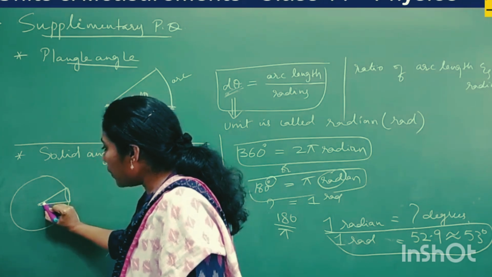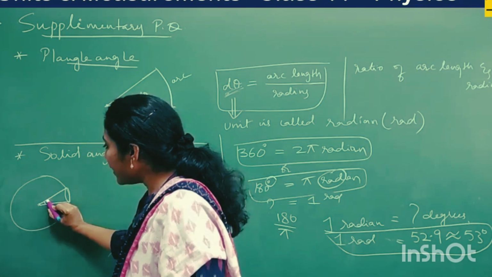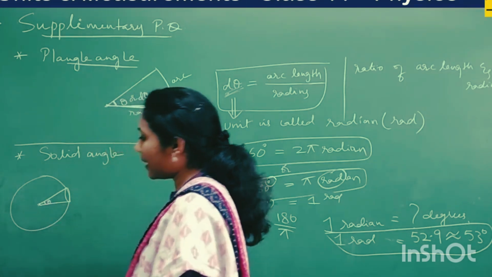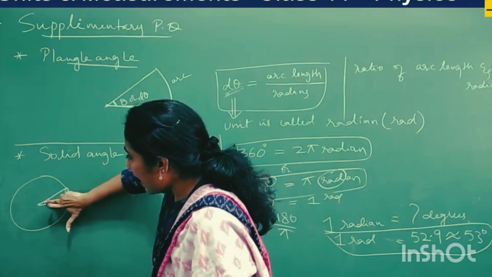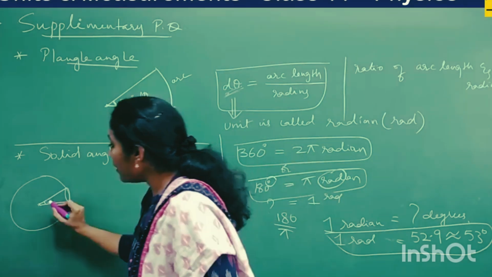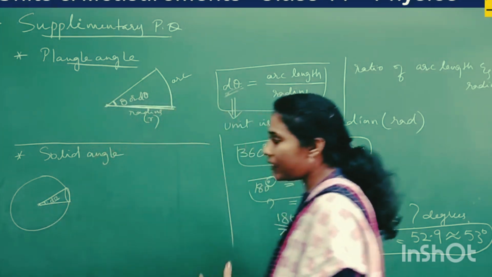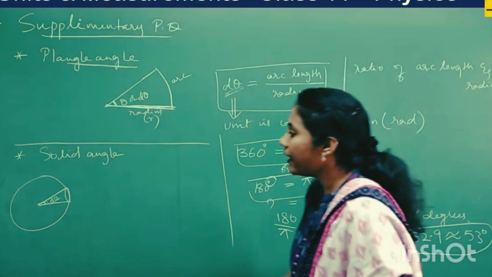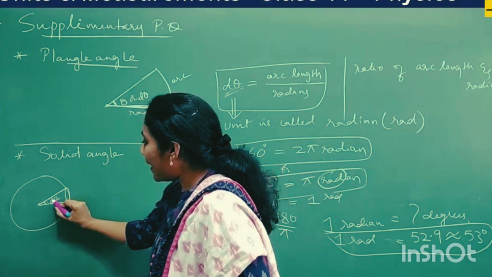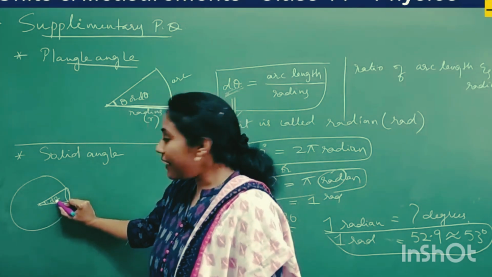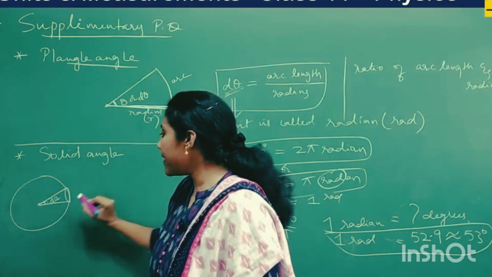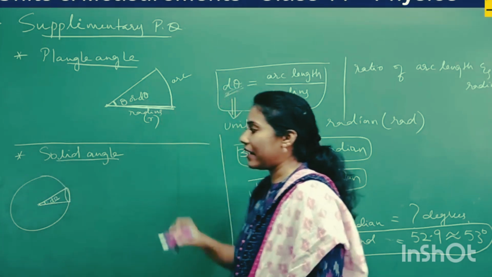This angle, you see, is the angle in 3 dimensions. Let me call this d omega. This angle can be called d omega. This 3-dimensional angle in a cone shape is what we call solid angle.